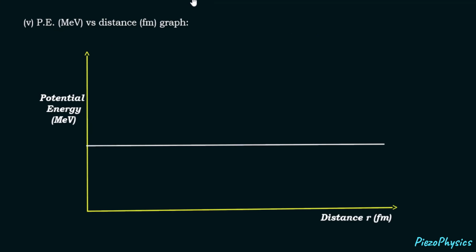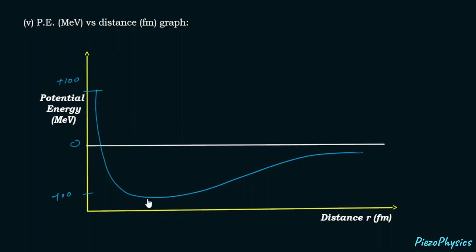Okay. Fifth point is potential energy versus distance graph, in which we can plot the potential energy versus distance. So this is the graph of potential energy versus distance, in which this maximum is at plus 100 and this minimum is at minus 100 and this is around 0.